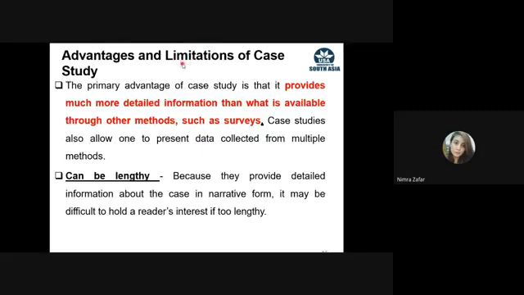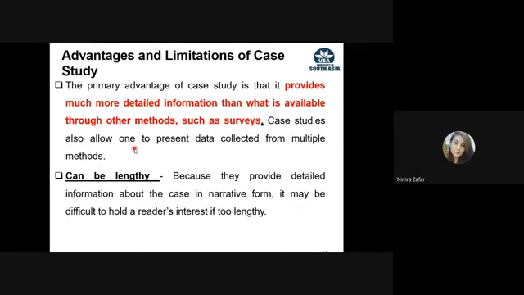Then we have advantages and limitations of case studies. The primary advantage of case study is that it provides much more detailed information than what is available through other methods such as surveys. So through case study, we have detailed information about anything.